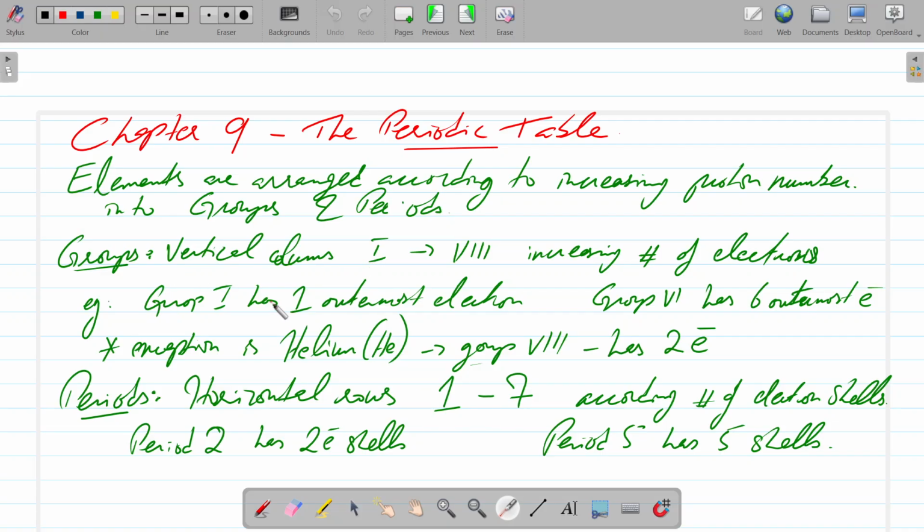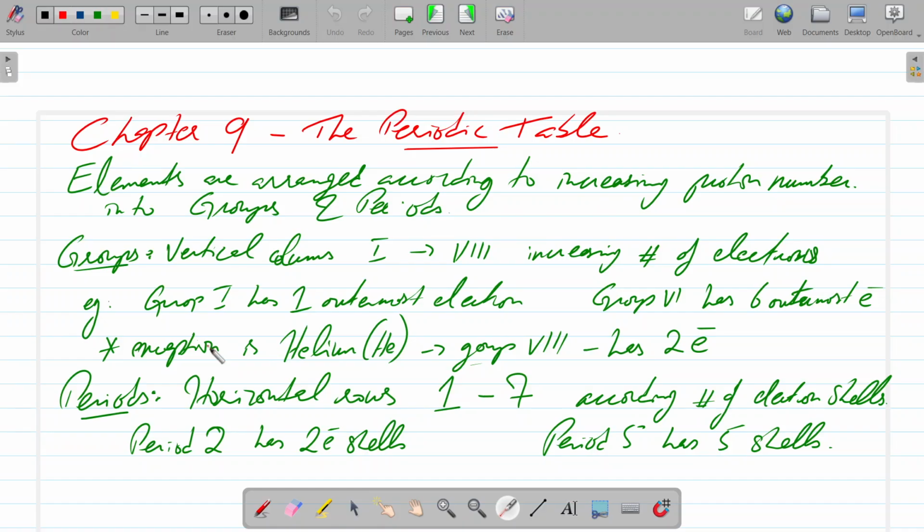So the number of outermost electrons increases: group 1 has only one outermost electron, which is called the valence electron, and group 6 has 6 outermost electrons, so you can figure that out. Group 8 has 8 outermost electrons, and that is the group where all the elements are stable atoms. And that is the exception.